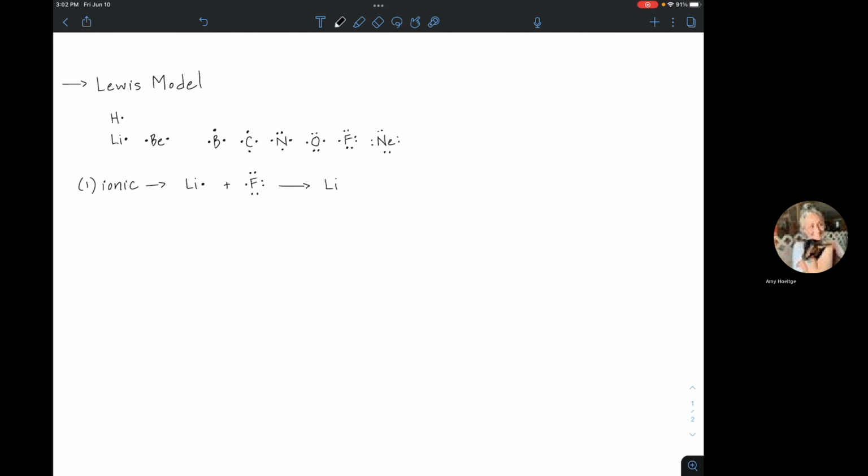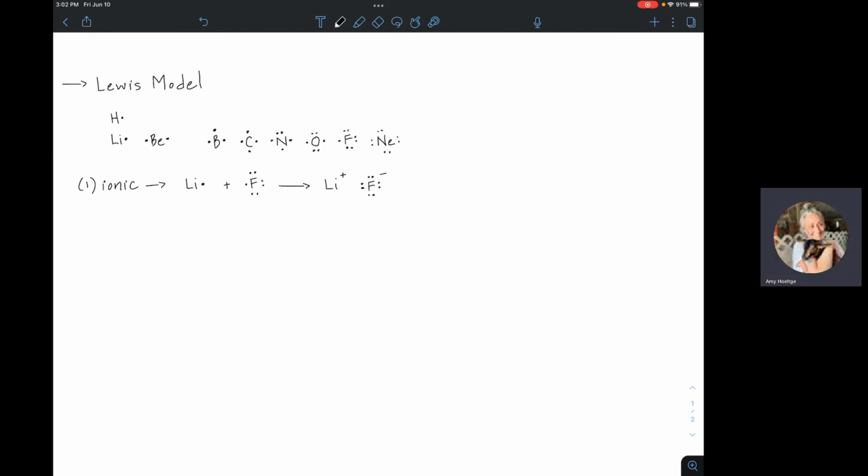gives up its valence electron, and when it does, it forms a positive charge. It loses an electron, it gains that positive charge. Who is going to gain the electron? The nonmetal. So fluorine is gaining lithium's valence electron. So now instead of 7 electrons around it, it has 8.